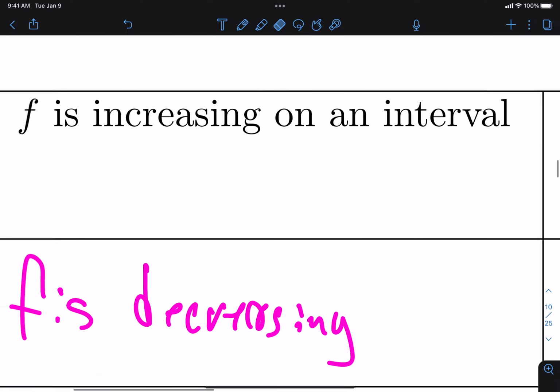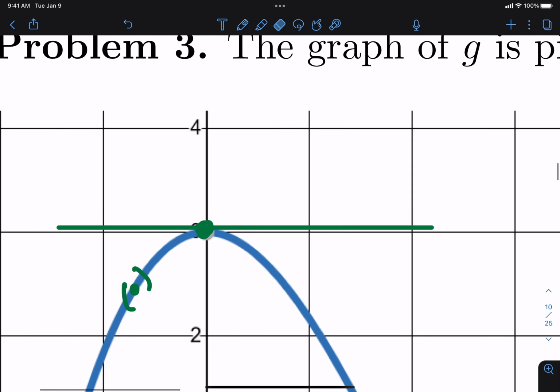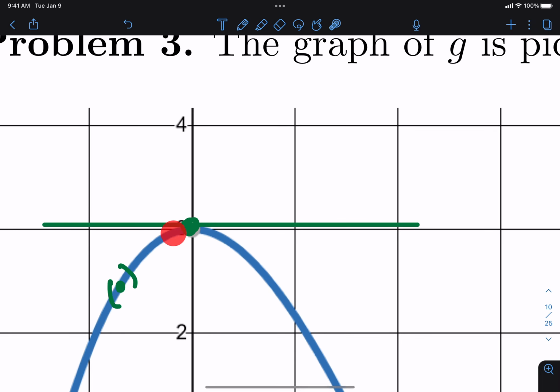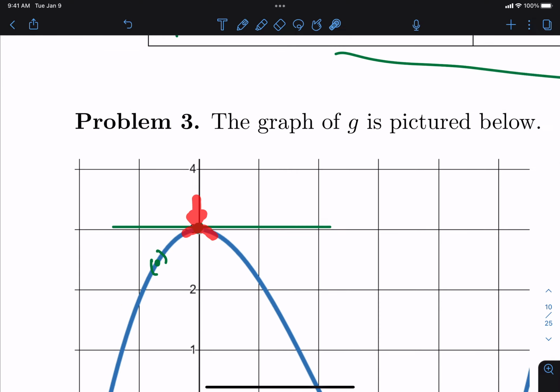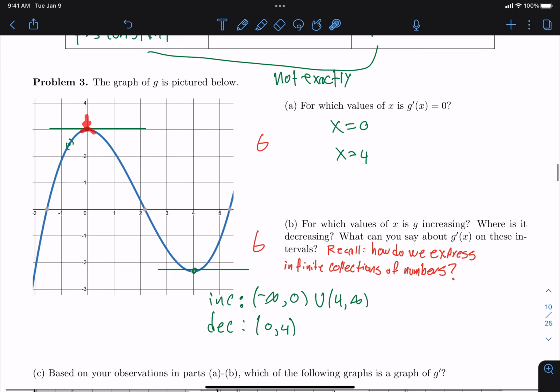Because even though this function evens out, the function itself is never actually flat. Does that make sense? It's never flat for a period of time. So we wouldn't use the terminology that we're constant at this point. But based on my definition, which I just gave you, I can see why you would say that.